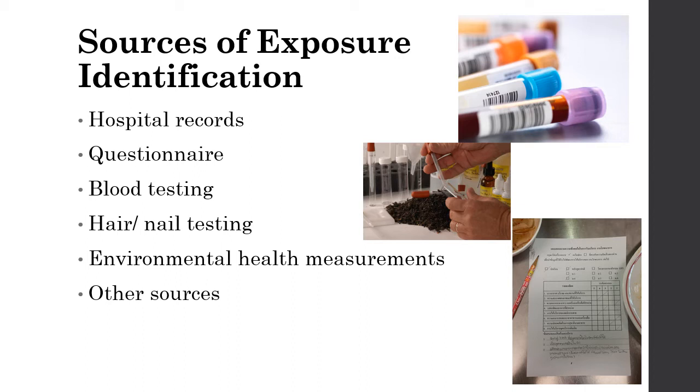And prospective means you are going forward in time. So you are taking people who are exposed and non-exposed, and you wait for whatever time you need. Some infectious diseases you wait a few hours or days or weeks to see the outcome. Some chronic diseases you wait longer than that.